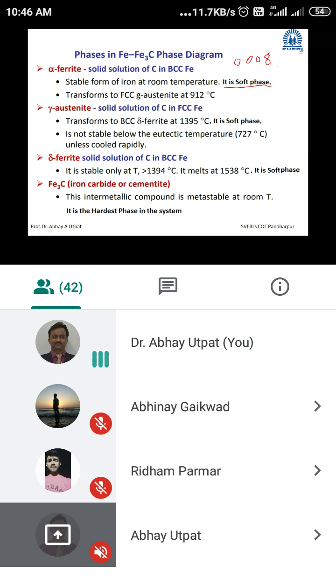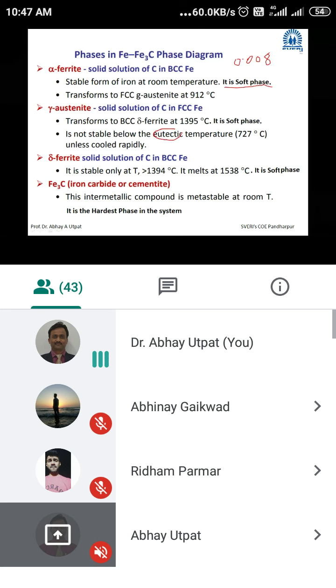It is also a soft phase. It is softer than alpha ferrite because it is at higher temperature. It is not stable below the eutectoid temperature 727. Actually, this word eutectic is wrong. It should be eutectoid. I will correct it.